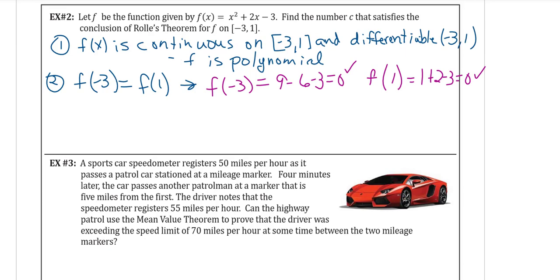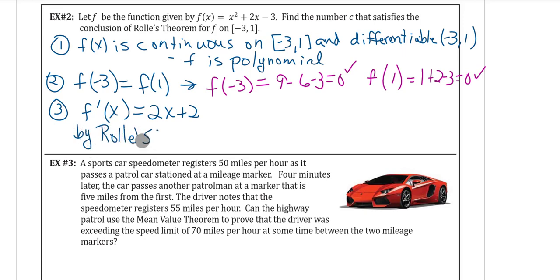Now I can take the derivative. f prime of x is going to equal 2x plus 2. And by Rolle's theorem, that means that f prime of x is going to equal 0.